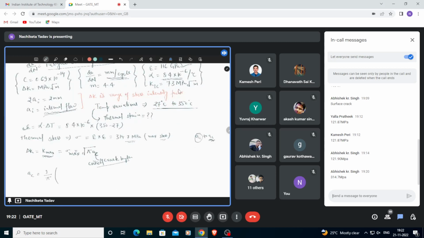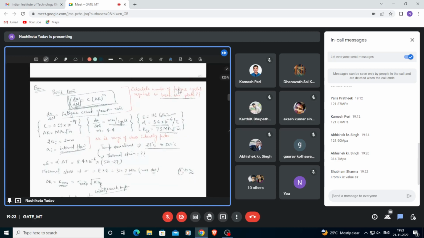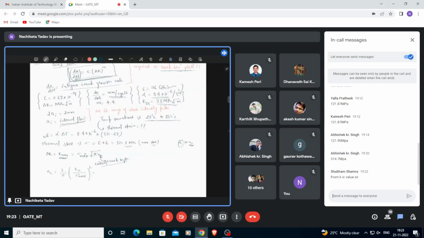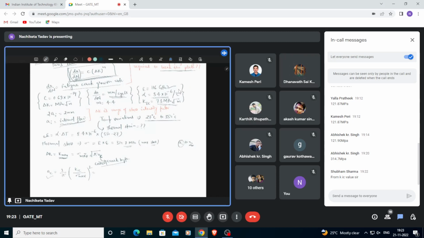You just put in the values, everything is given. This K max is K IC, sigma max. This value is given. So can you tell me what the value of AC will be, the critical crack length?